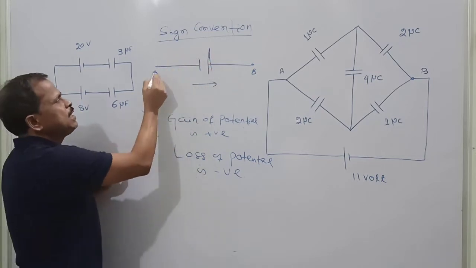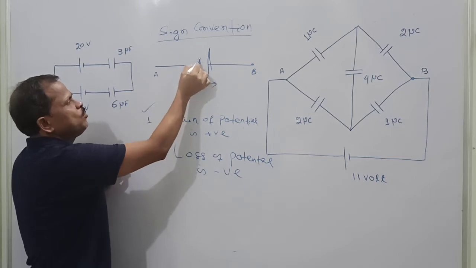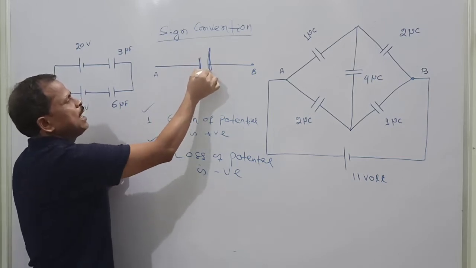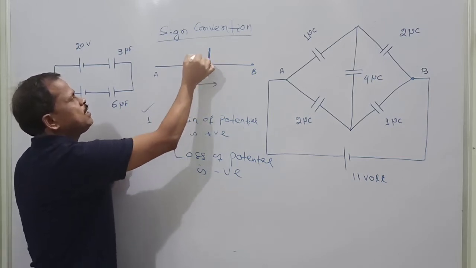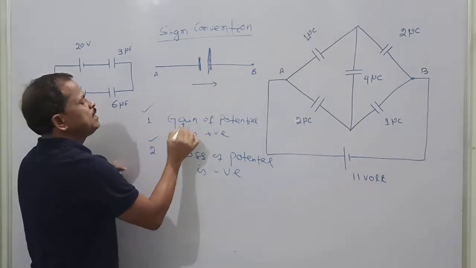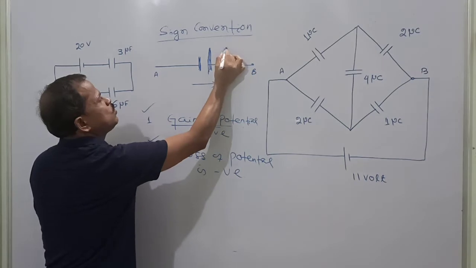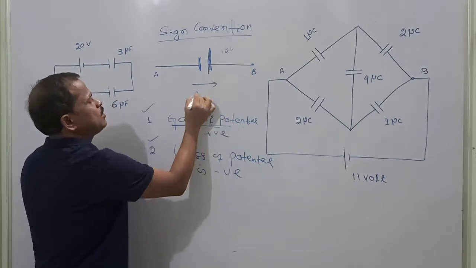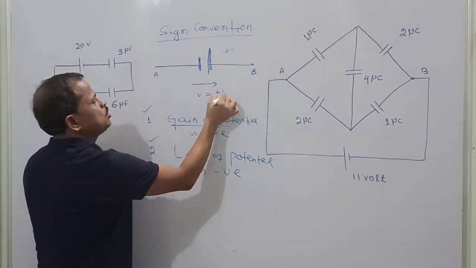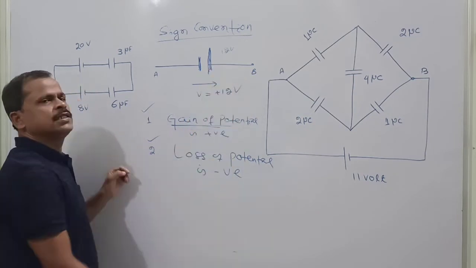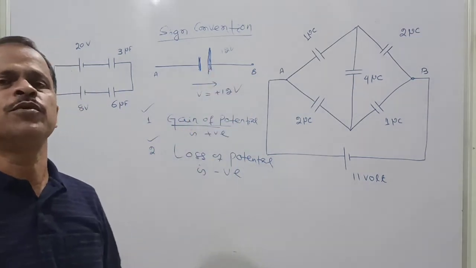That means you go from low potential to high potential, so there is a gain. If the potential is 12 volt, you write plus 12 volt. That is your gain of potential.